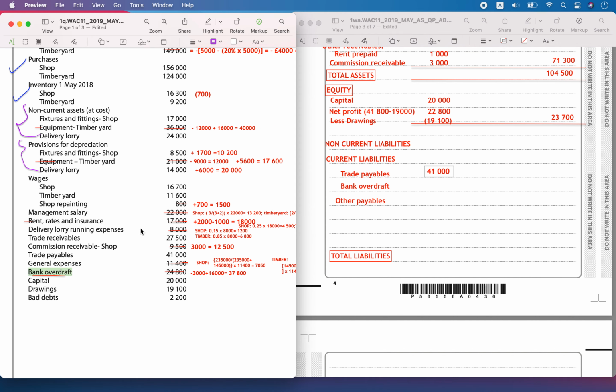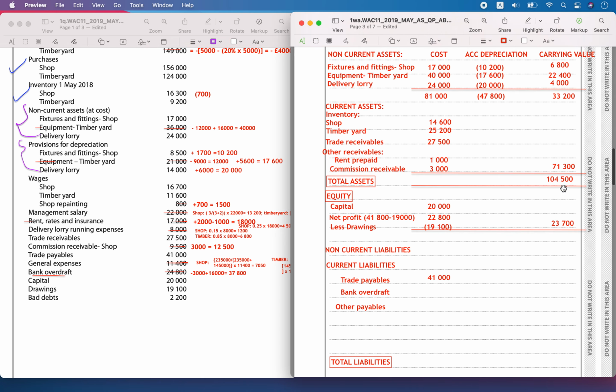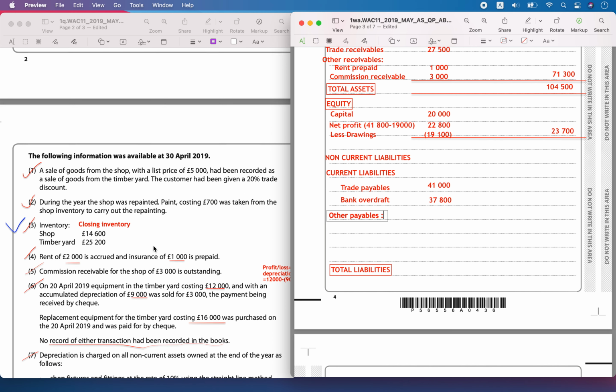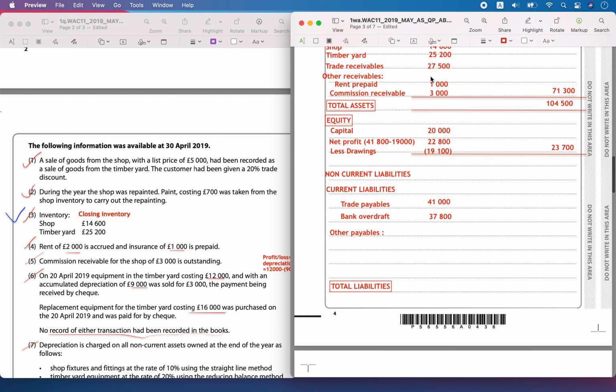Then you have the bank overdraft, which we had calculated after adjustments, it was 37,800. And other payables: anything that was outstanding, like expense accrued, is an other payable.